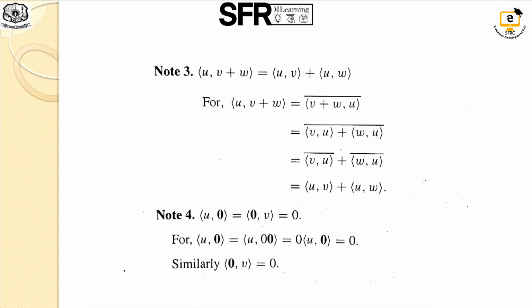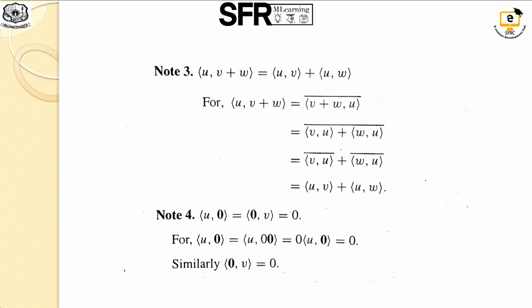The next note, note 3: the inner product of u and v plus w is the inner product of u and v plus the inner product of u and w. Here is the proof. The inner product of u and v plus w equals, when we interchange the entries, the conjugate of the inner product of v plus w comma u.